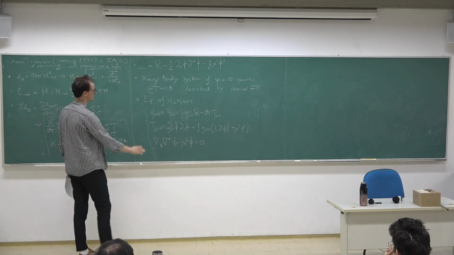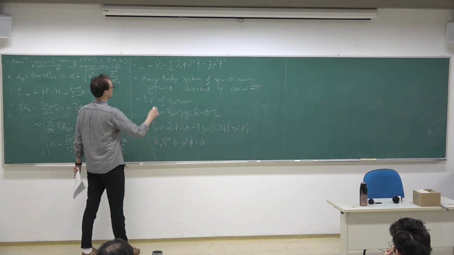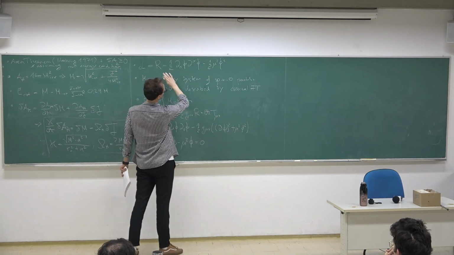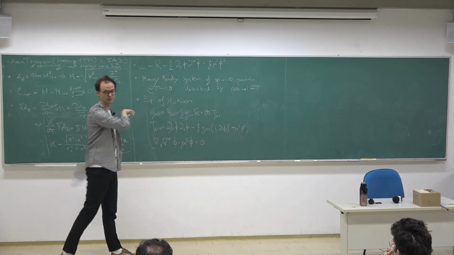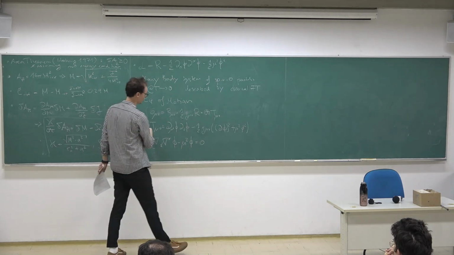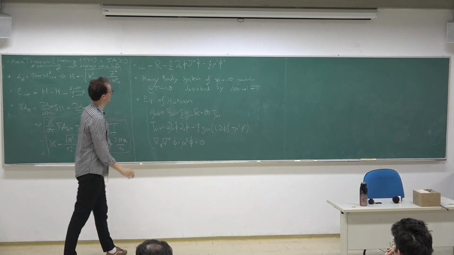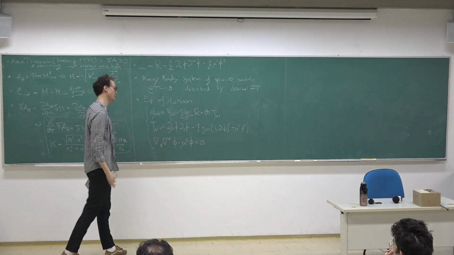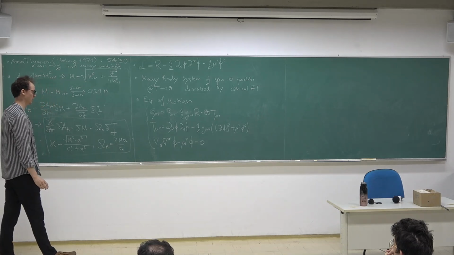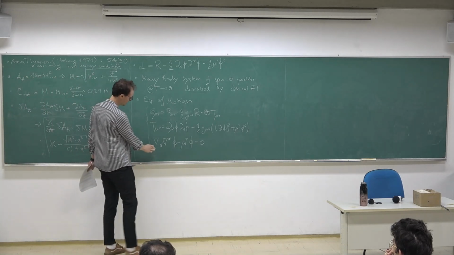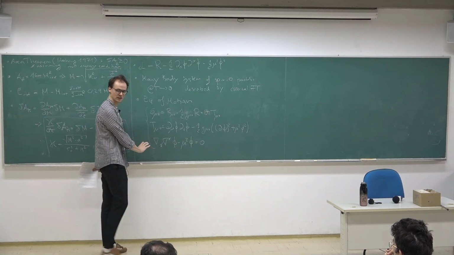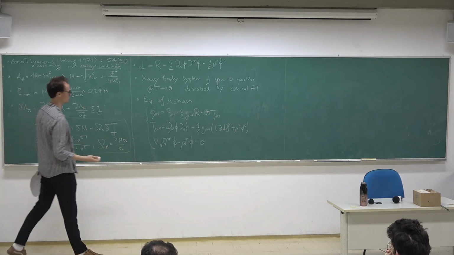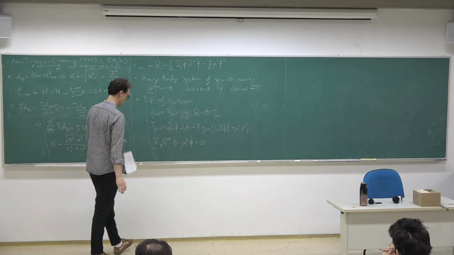The first line is just the Einstein equation, which you get from the Ricci scalar. The T mu nu you get from the variation of the second piece with respect to the metric, so that will be the stress energy tensor. And then the variation with respect to the scalar field gives you the Klein-Gordon equation, the massive Klein-Gordon equation. It's important to emphasize that these are covariant derivatives, not partial derivatives, because we're now in a curved spacetime.